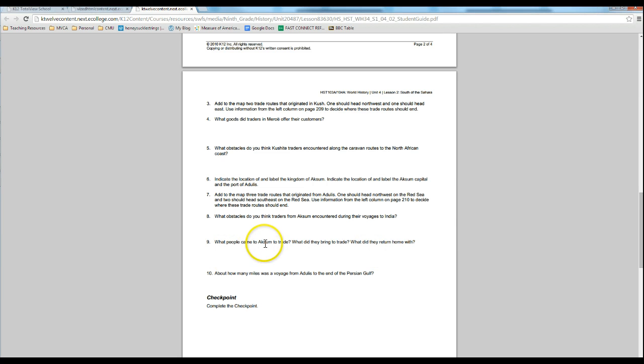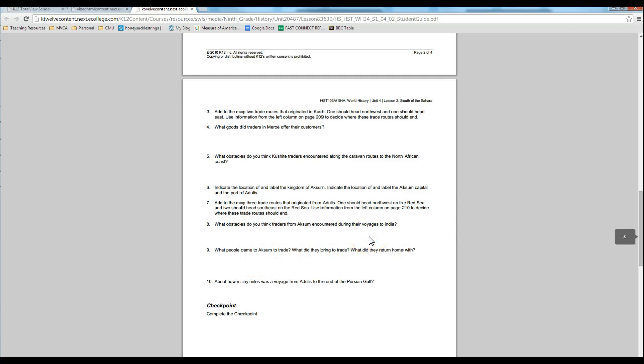What people came to Aksum to trade? Remember, we talked about people from India, people from the Mediterranean, further into Africa. Lots of different peoples were coming in to trade with Aksum. And what did they take home with them? What did they bring? What did the people of Aksum want? What did they trade for?